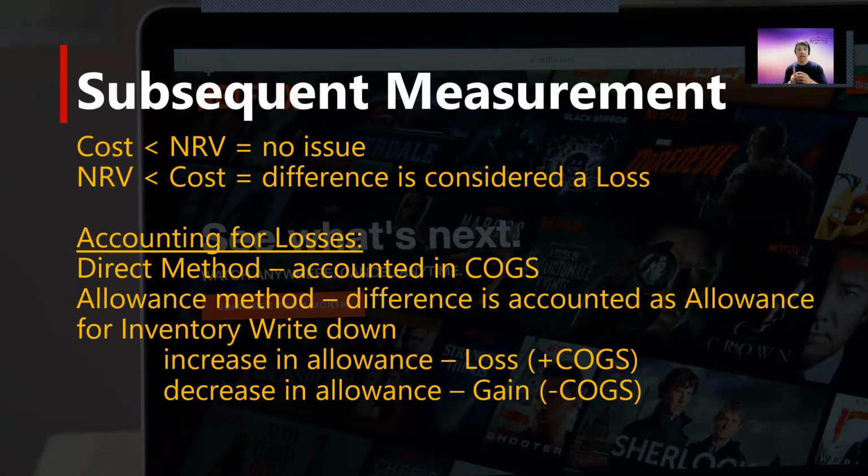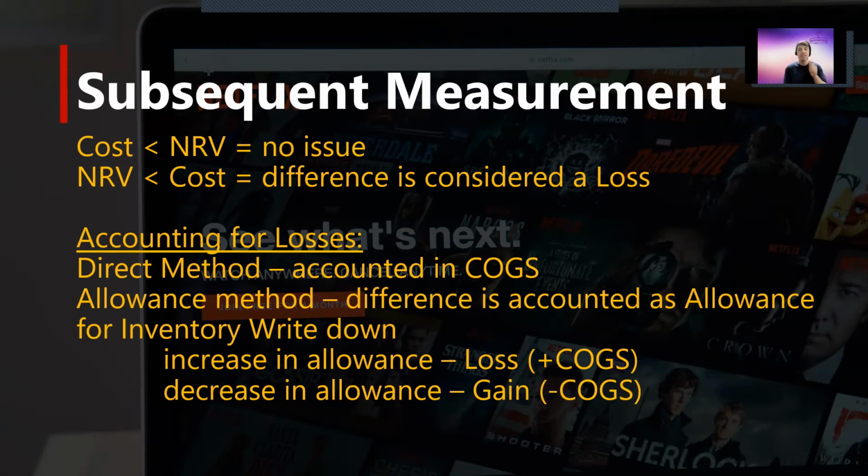So there's direct method. In direct method, these losses are buried, are counted in your cost of goods sold, no? Then if it's allowance method, this is what the standards encourage you to use, no, allowance method, no?